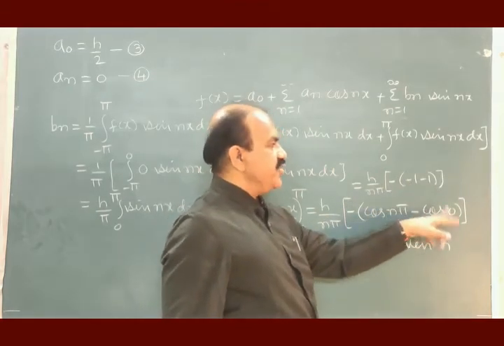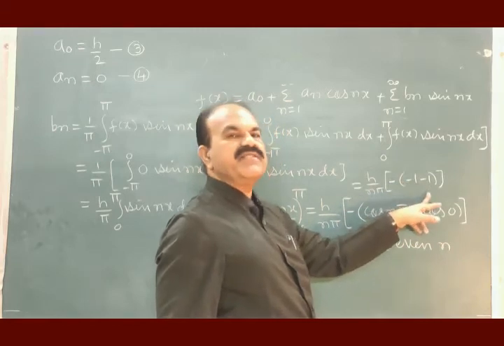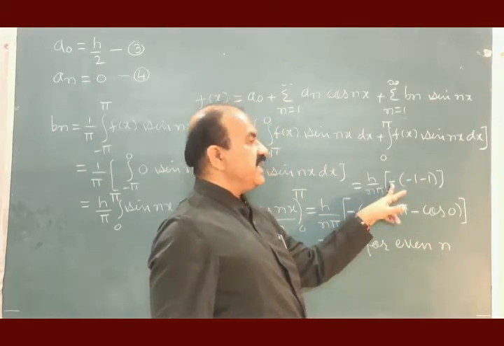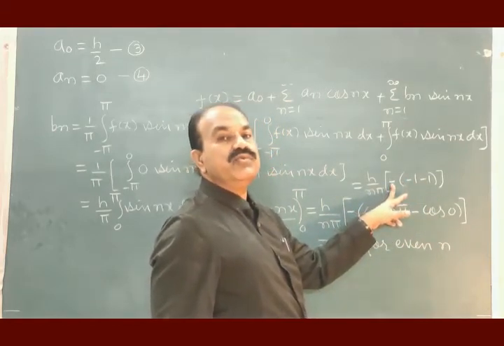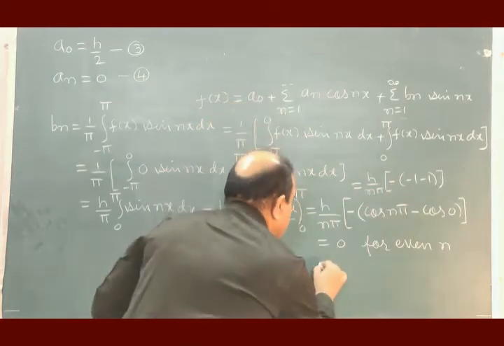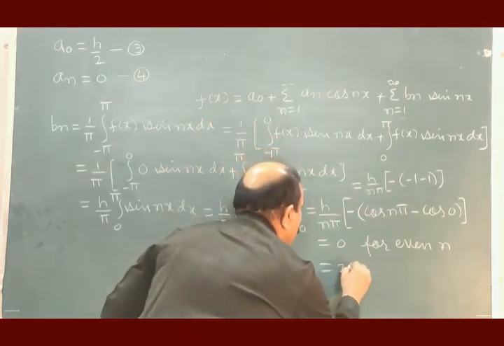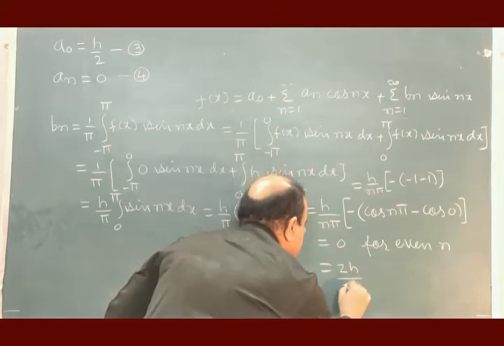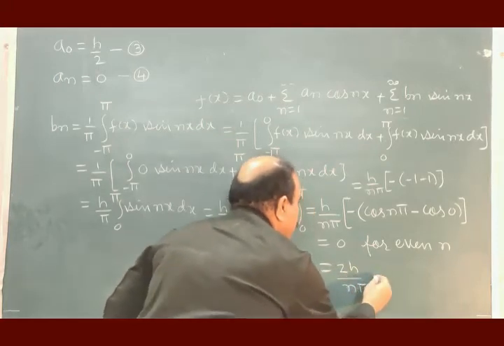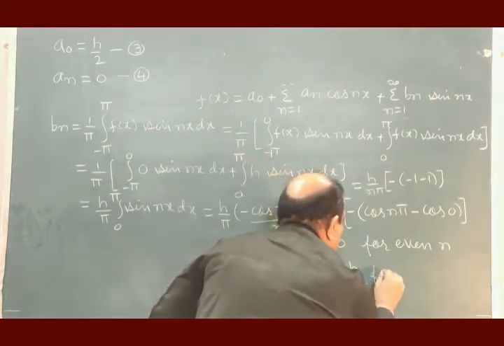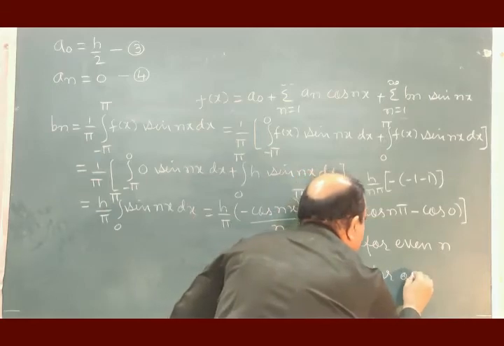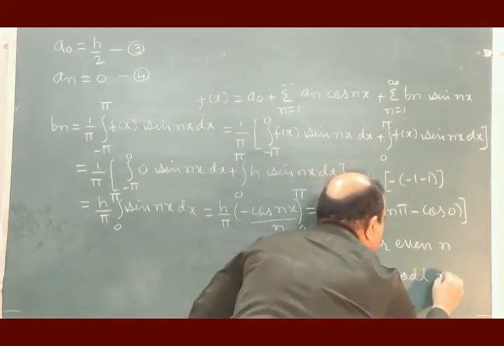Cos 0 is minus 1. Minus 1 minus 1 is minus 2. Minus 2 multiplied by minus 2. So, this is equal to 2h divided by n pi for odd n.